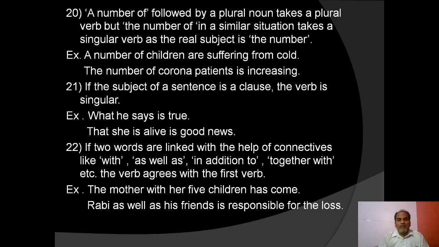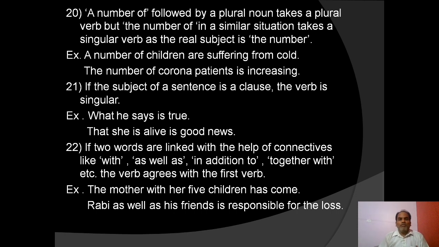Here, "are" is a plural verb, agreeing with children, which is plural. But the number of corona patients is increasing. Here the verb is "is," and the agreement of the verb is with the number. Here, the real subject is the number.